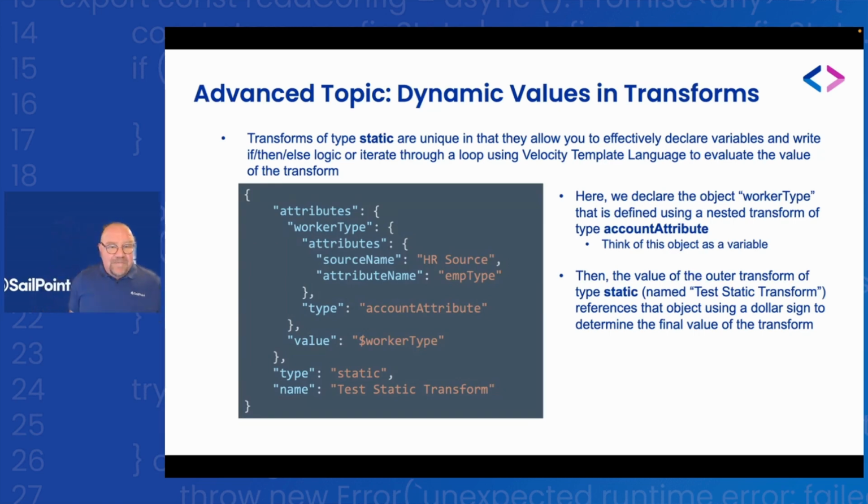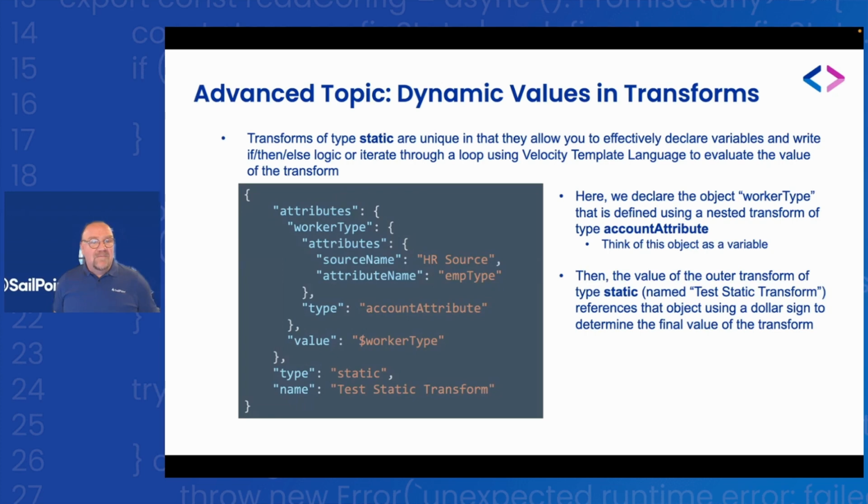So I mentioned before about the static transform type. What this allows us to do is to configure a transform to return a value which can be used for your other transforms.